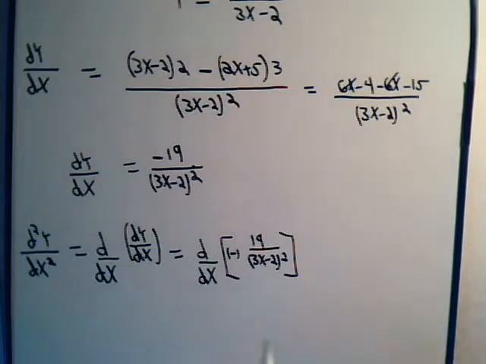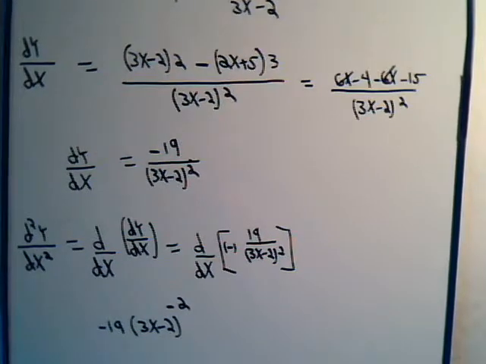Okay, we could rewrite this. It would be minus 19 times 3x minus 2 to the minus 2 power. And we want to take the derivative of this. So we do as we've always been doing. It will be equal to minus 19.